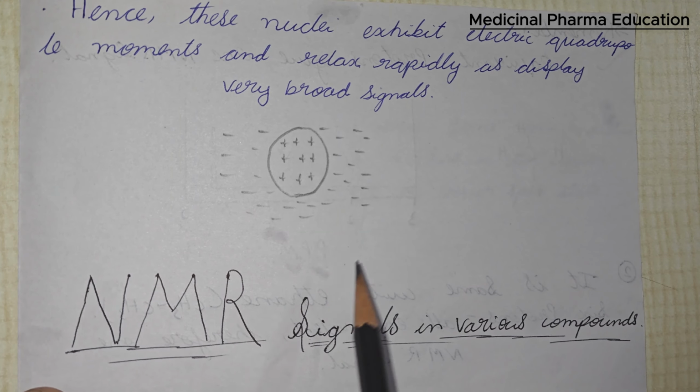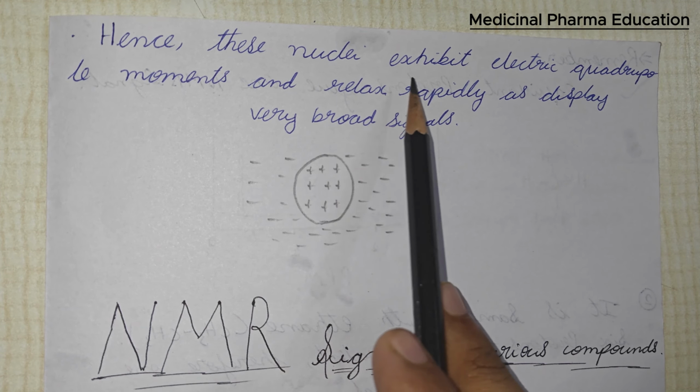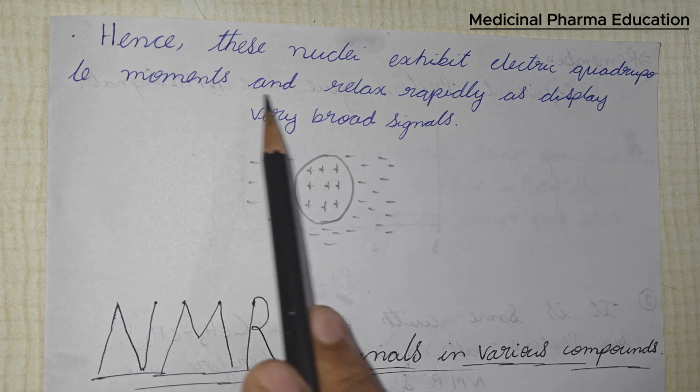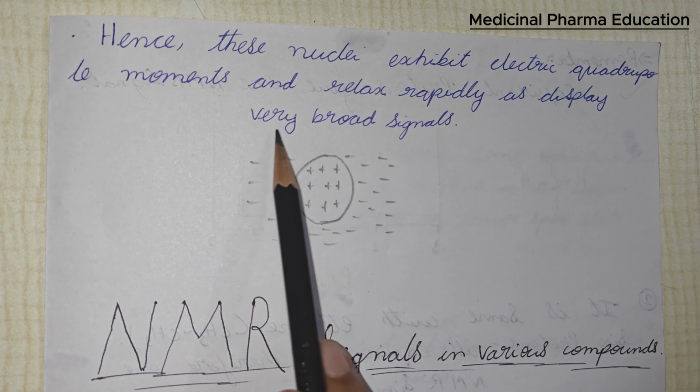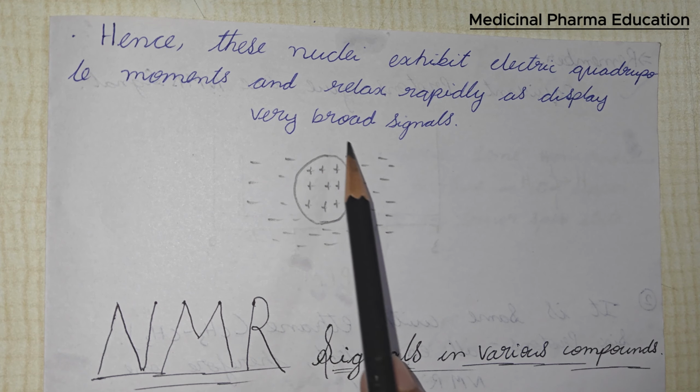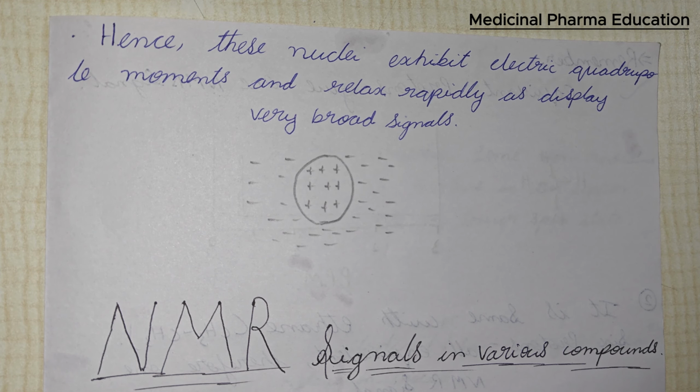Hence, this nucleus exhibits electrical quadrupole moment and relaxes rapidly, as it displays very broad signals. As it shakes, it emits the excess energy and comes back to the ground state. This is called the quadrupole relaxation process.